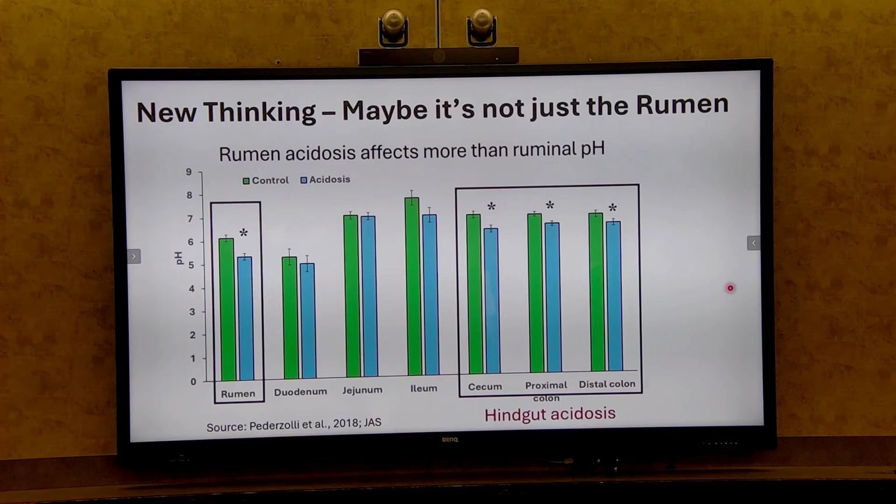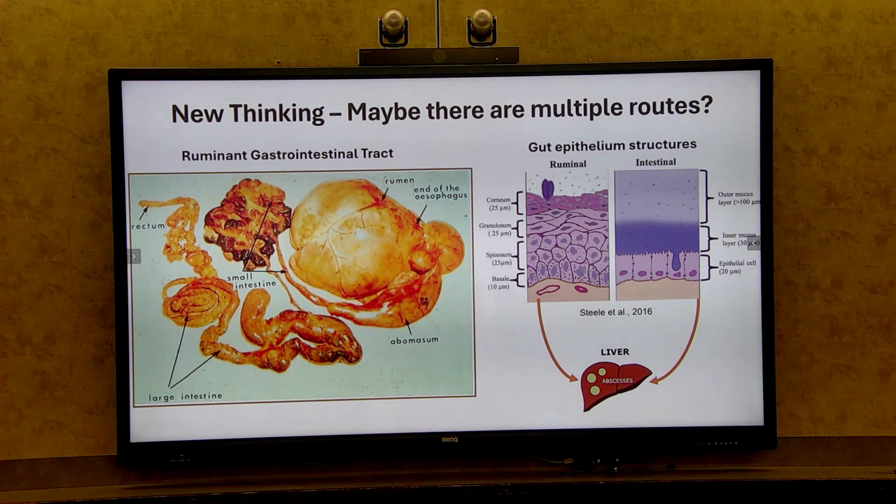And what's my next slide here? So if we look at what the gastrointestinal tract of a ruminant looks like, we've got the rumen here, abomasum, small intestines, cecum, and colon here. If we look at the structure of the epithelial layer, you can see that the rumen is highly stratified.